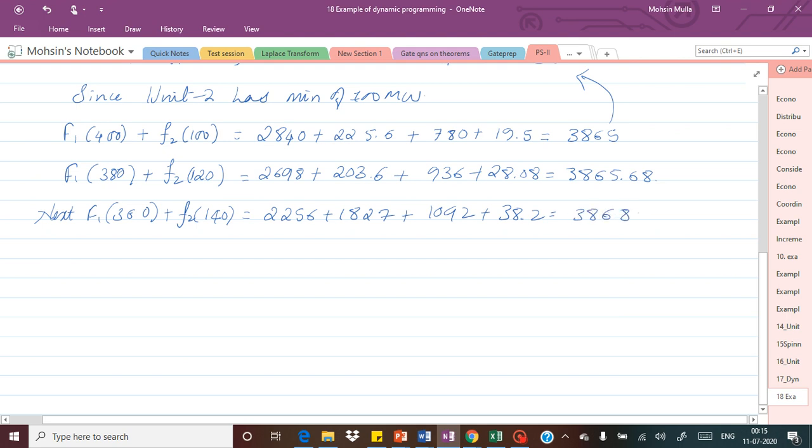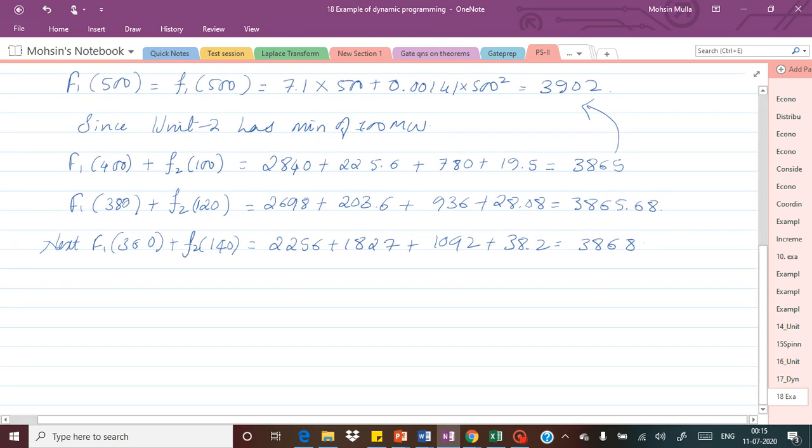Now what we observe is that the most economical combination can be obtained by comparing the costs we are getting for the various combinations. This particular one is the smallest of all the four values. It is smallest when the second unit is loaded to the minimum and the first is loaded to 400 megawatt.